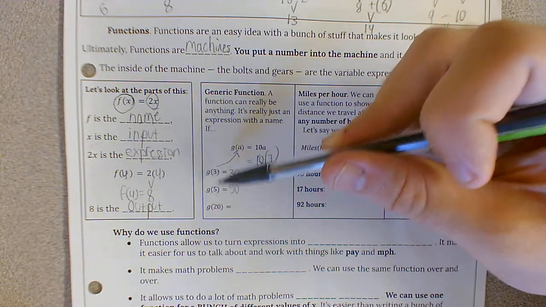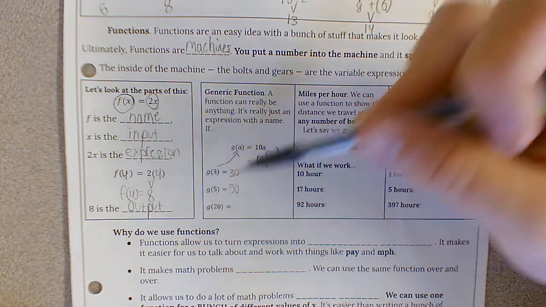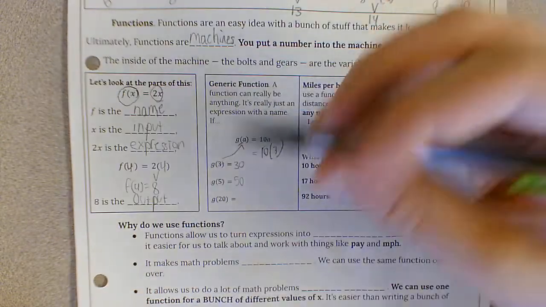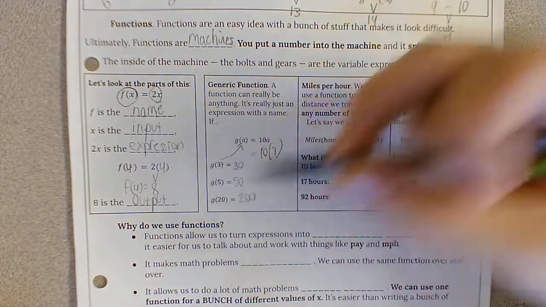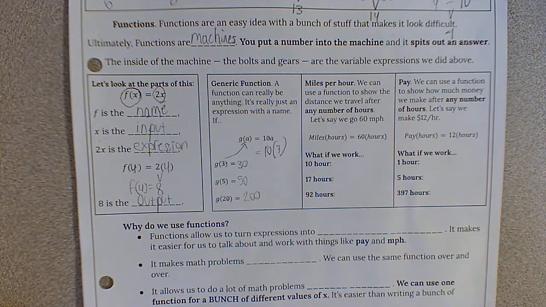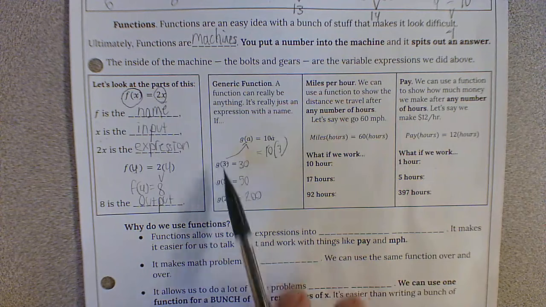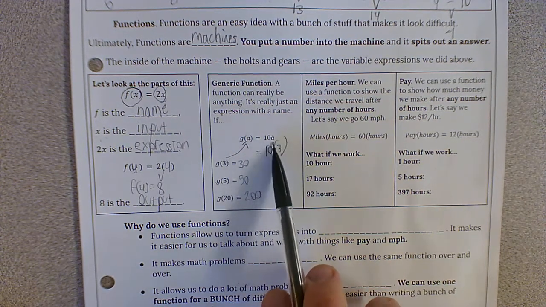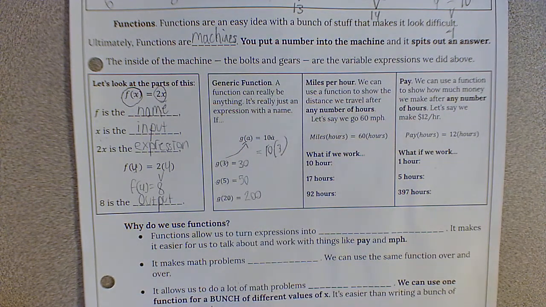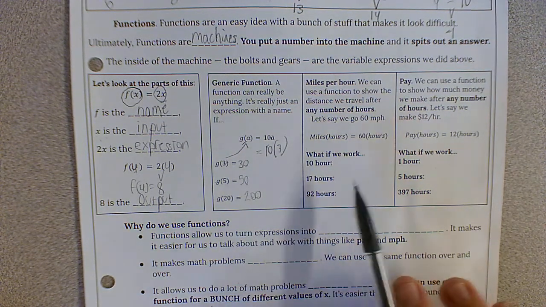I'm plugging in 3, 5, and then I plug 20 in for a, and I get 200. Ultimately, what's happening is the number inside these parentheses is what's getting plugged in for each of that variable with the same name. You'll see over here too.